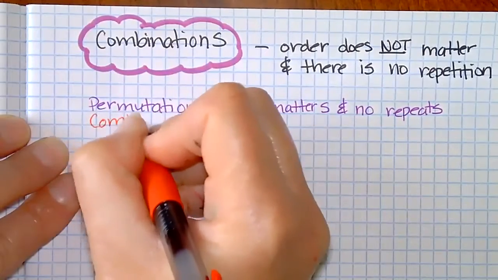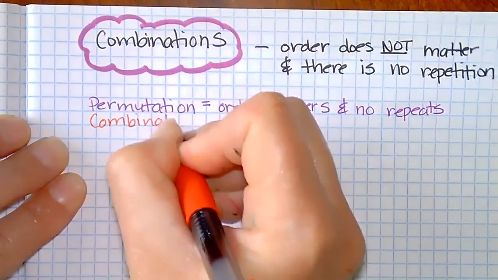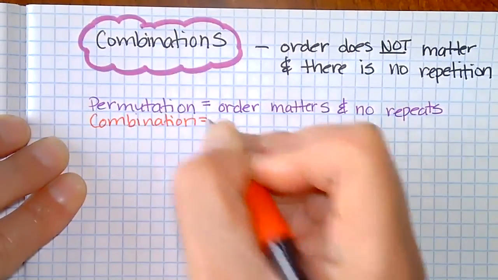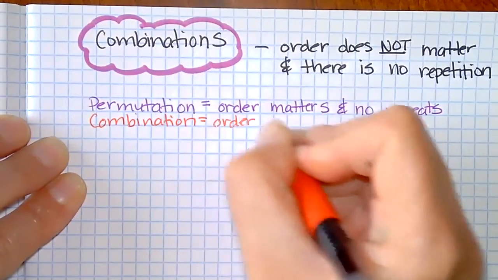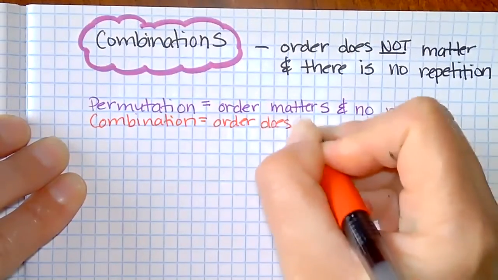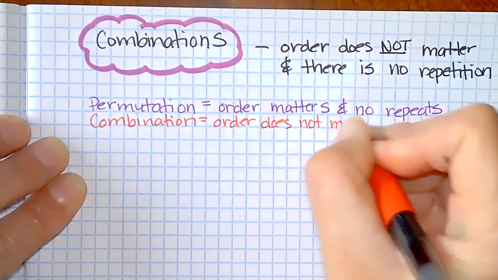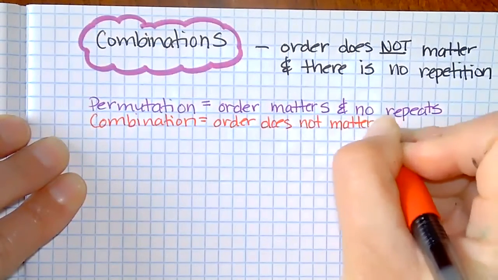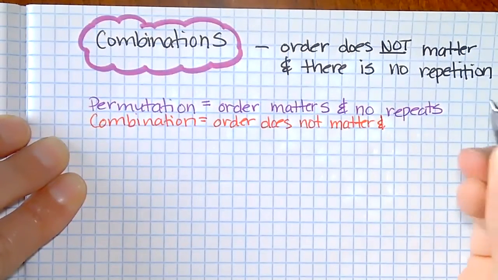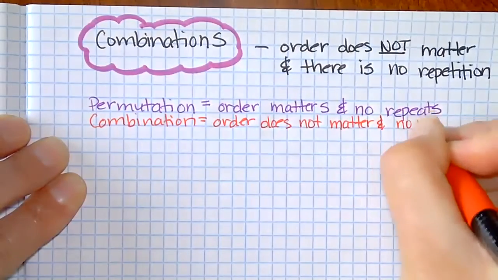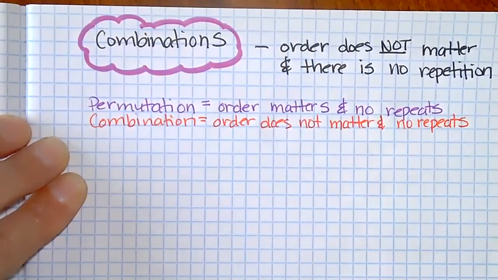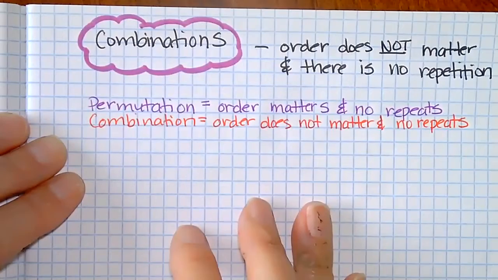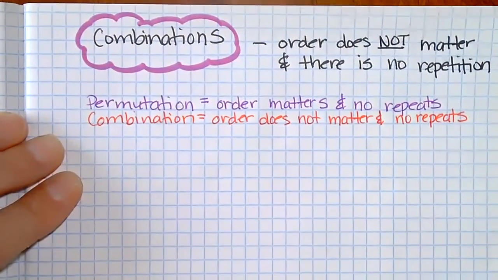Combination: order does not matter, and again, still no repeats. Today I'm going to go through the notes first, and then we're going to go back and do the classwork.